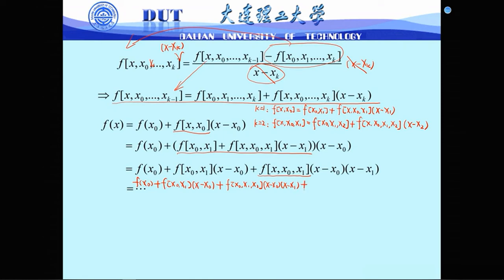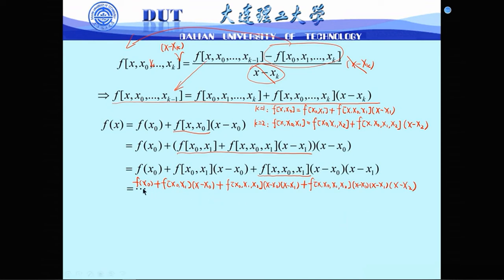Then plus the second term, f[x, x0, x1, x2] multiply x minus x0 firstly, multiply x minus x1, and here we have x minus x2. It's okay?